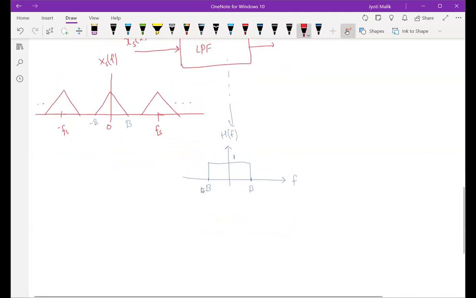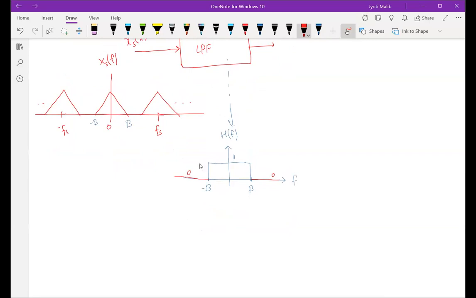Outside minus B and plus B, it is 0, because the filter removes all the distorted, redundant part. Only the portion under the rectangle is kept.